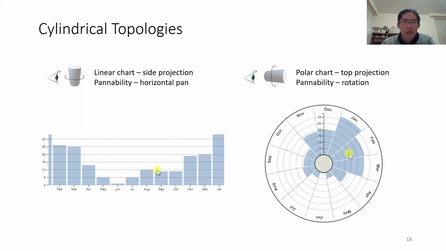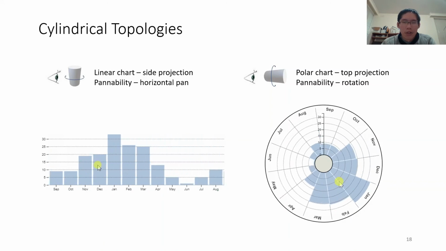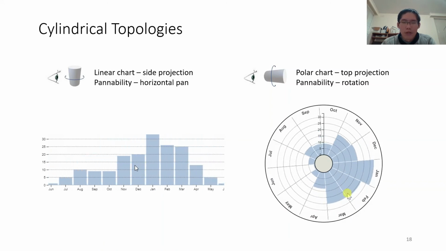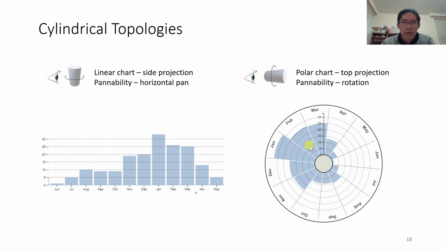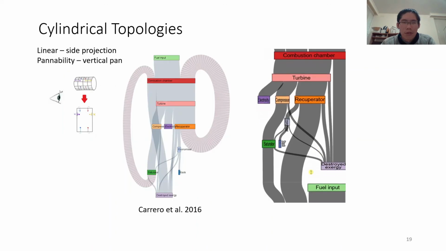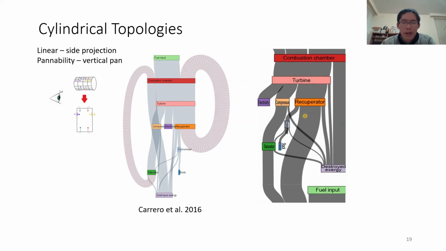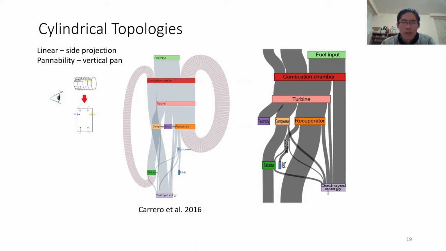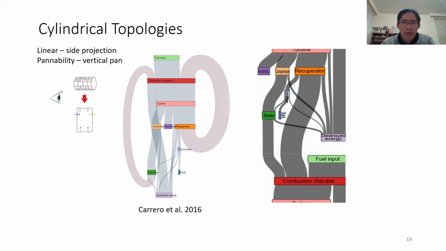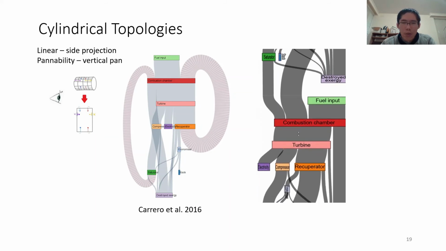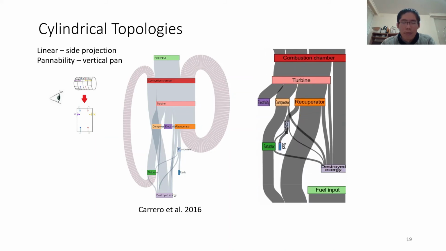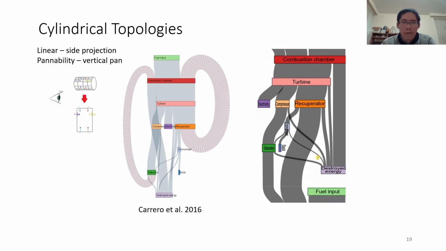Side projection results in linear bar charts, while top projection results in polar bar charts. This example is a non-temporal data type. This Sankey diagram shows cyclic energy transfer in engines. Since it's cyclic in one vertical direction, it can be represented on a 2D cylinder.